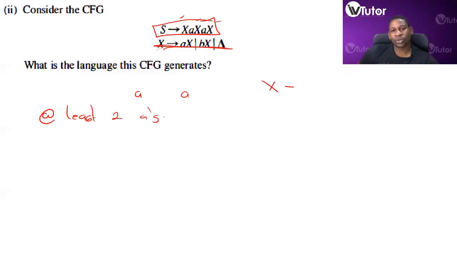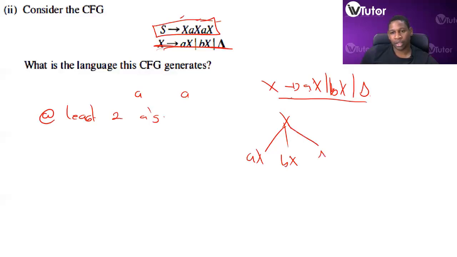And then we need to understand what X is. Right, so X goes to AX or BX or null, right? So in short, we are saying you can have AX, BX, null, then here you can have AX, A, BX, or A with the null.